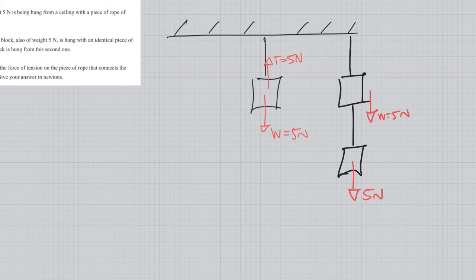And so what would be the force upwards on the top one? It would have to be 10 newtons, right? Because we have two 5 newtons pulling up on this one. The tension then in the bottom one would simply be 5 newtons, okay? So this force and this force would be the same, but my 10 newtons would be the largest of the 3 forces.